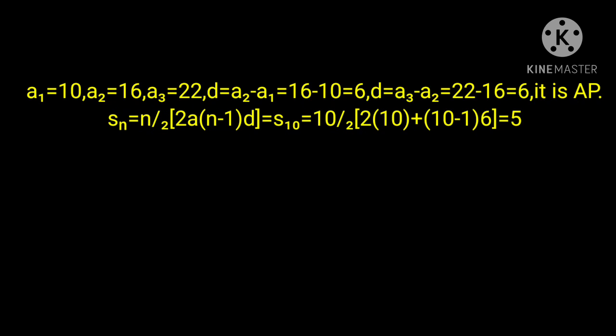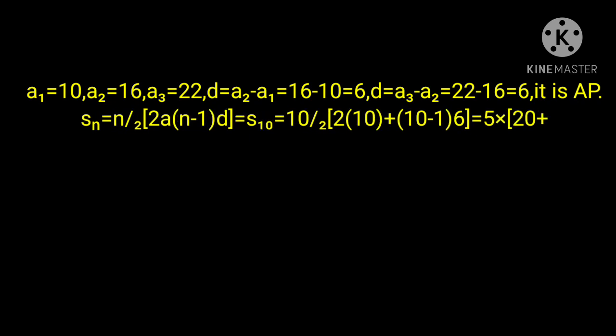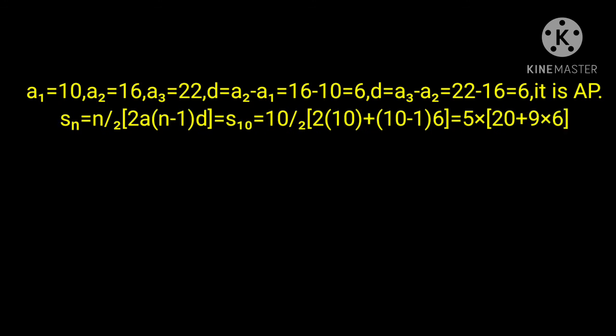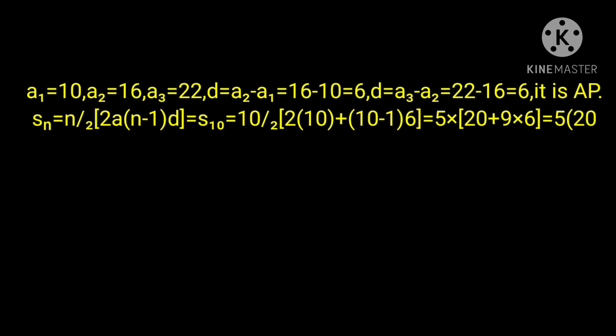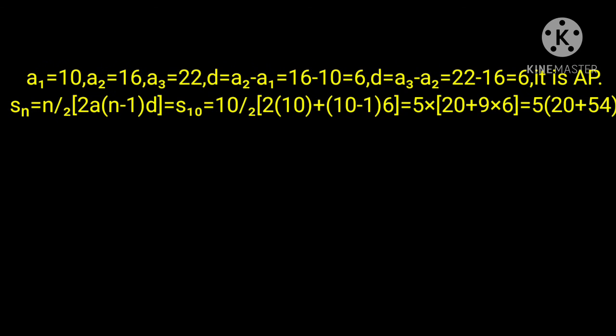So 2 fives are 10, and into 2 tens are 20 plus 10 minus 1 is 9 into 6.